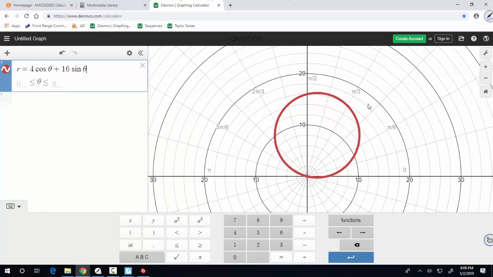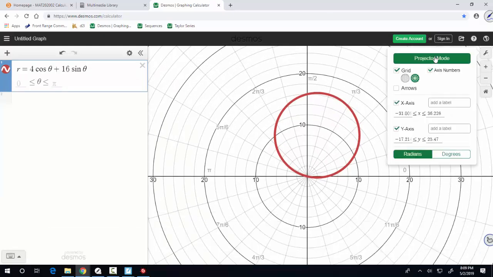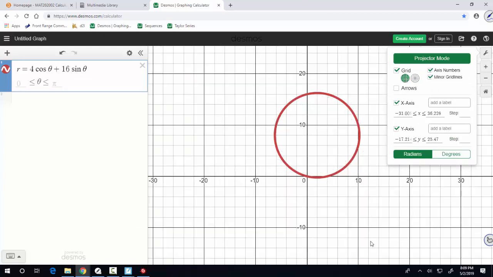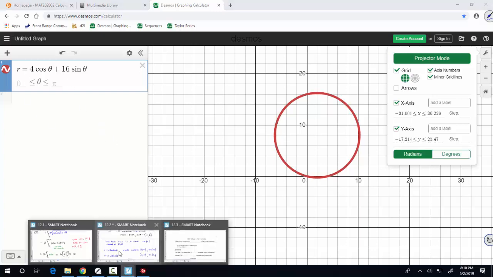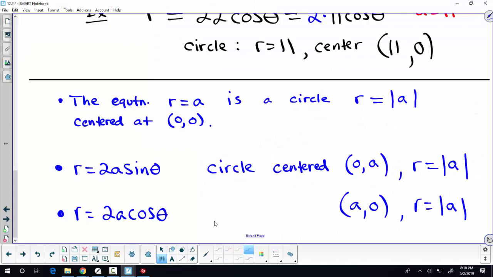It looks like a circle. This off-center one here has its center at 2, 4. But anyways, that is possible.